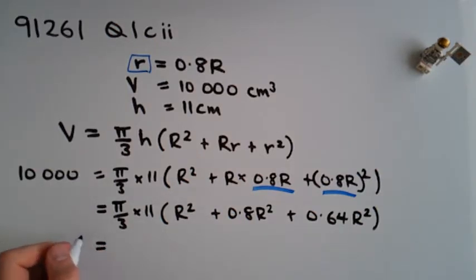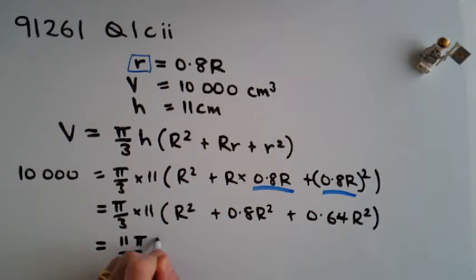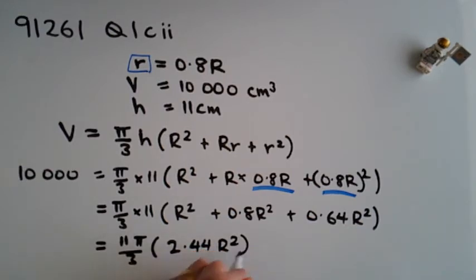That's equal to 11 pi over 3 times 2.44 R squared. Now I need to divide both sides by 2.44 and by 11 pi over 3.